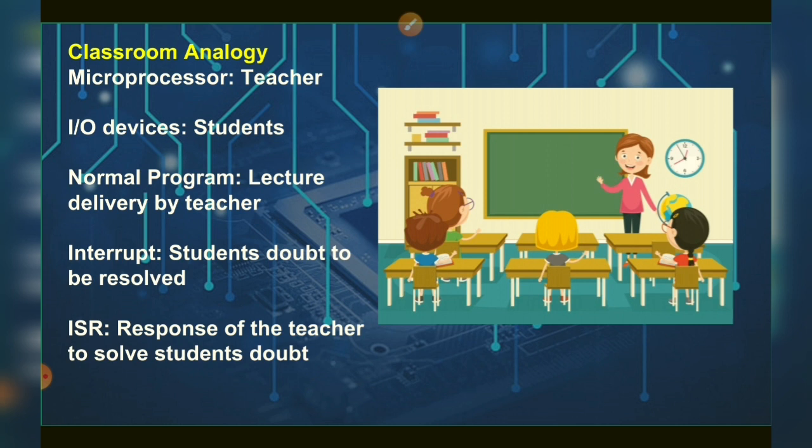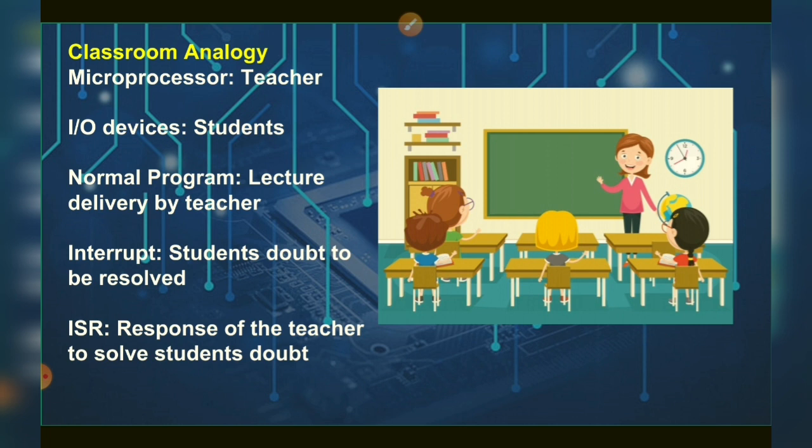The second method would be where the teacher continues with lecture delivery until some student interrupts for a doubt to be solved. Which one do you think is a better way of handling doubts, and why? Remember, in the first case, the teacher goes to each student asking for doubts even if they don't have any. This happens at regular intervals. Moreover, any student who has a doubt would have to wait until his turn comes.